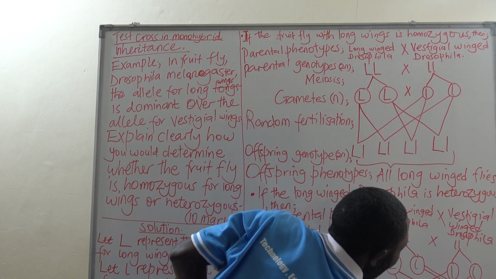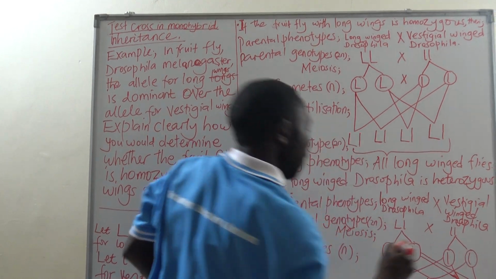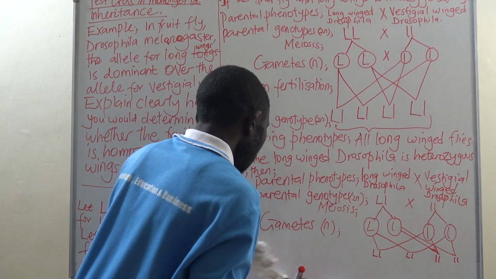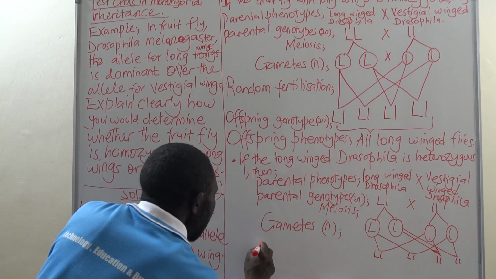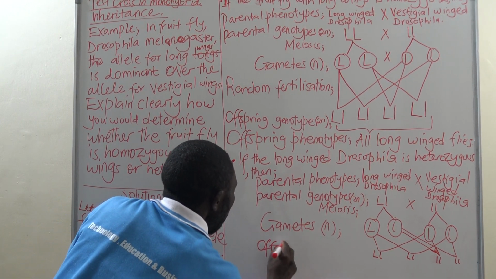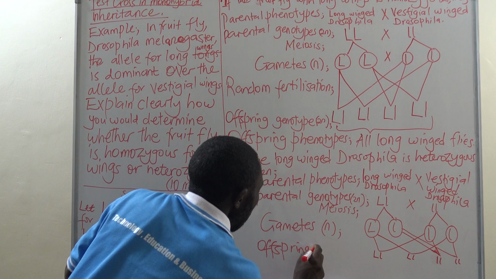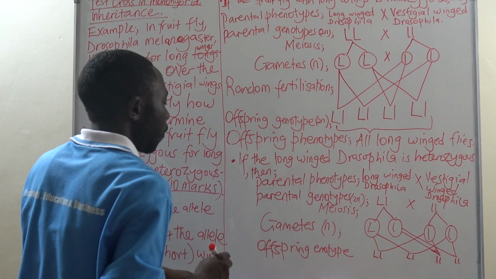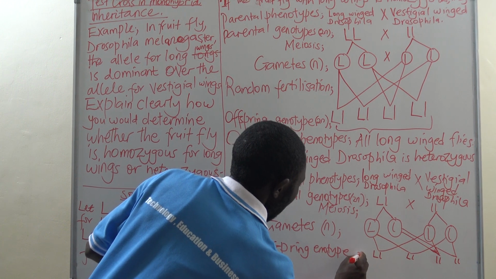Also this one here, small l, as shown there. So that is offspring genotype. Offspring genotype, that is 2n.